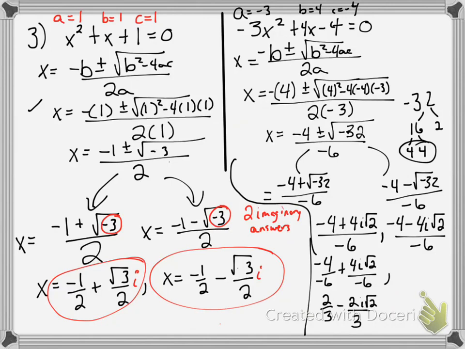And then over here on the right, when I separate it, I've got negative 4 over negative 6 minus 4i square root of 2 over negative 6. So that would simplify to 2 over 3 plus 2i square root of 2 over 3, which would give me my two separate answers.